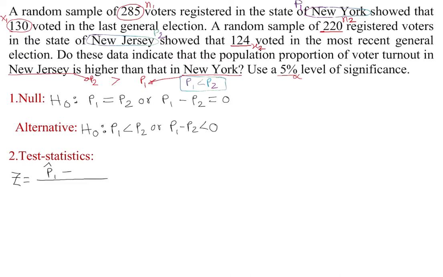But this time we have two, so we subtract sample proportion 2 from sample proportion 1, minus population proportion 1 minus population proportion 2, over the square root of the pooled estimate of the population probability of success times the pooled estimate of the probability of failure over n1, the sample size, plus the same thing over sample size 2.